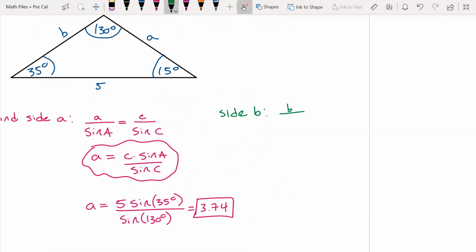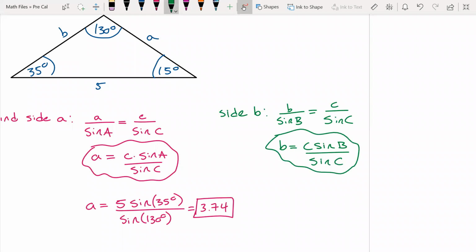And B over sine B equal to C over sine C. Again, I'm just going to choose the cleaner values just because it's nicer to work with. It won't be like that all the time. Maybe we'll have ugly decimal numbers and just have to deal with them. But if you have clean numbers, just choose those. Manipulate this. C times sine B over sine C. There you go.